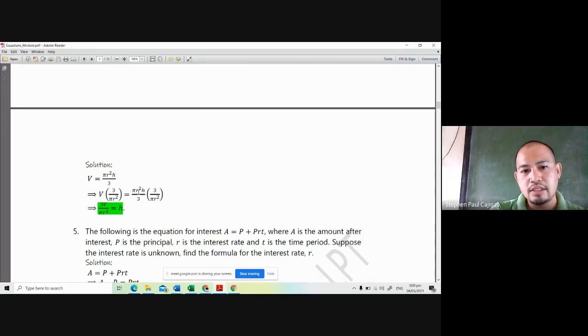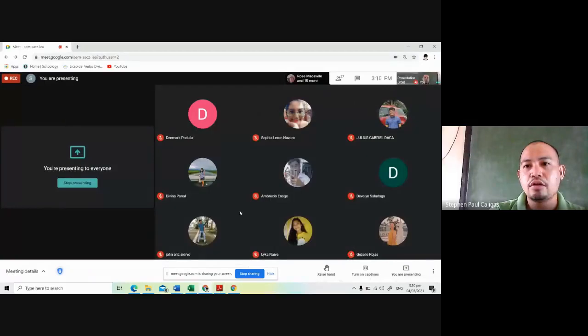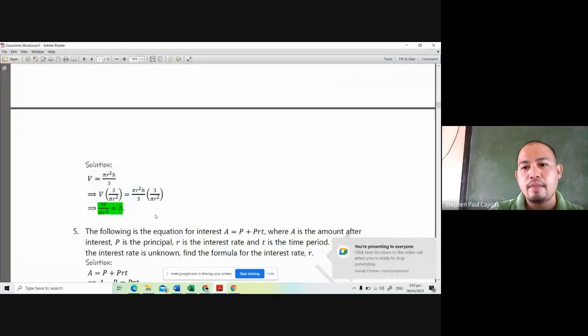So if you'll notice iton, kung tatanggalin niyo iton r squared, may naka pi h over 3. Iton h nga tatanggalon. Kung h tatanggalon, you have pi r squared over 3. So kung baliktaron niyo numerator ng itong denominator, then that will be 3 over pi r squared. So multiply that to both sides, so you get the equation.